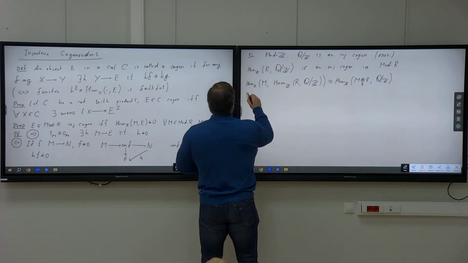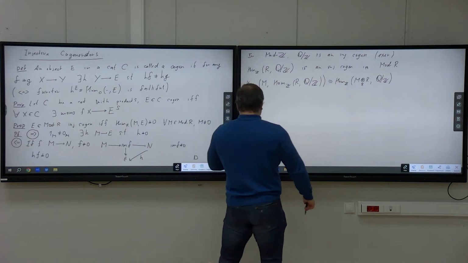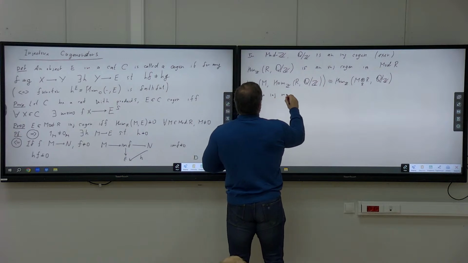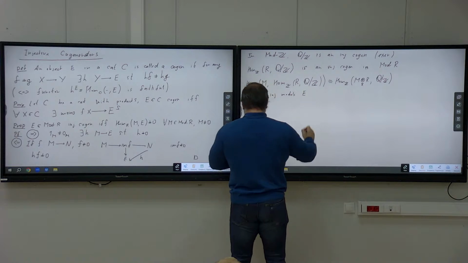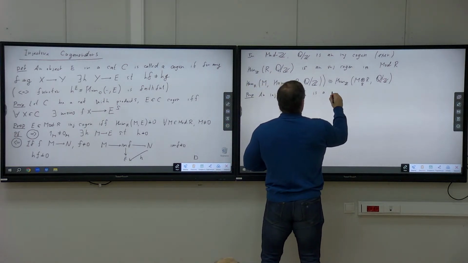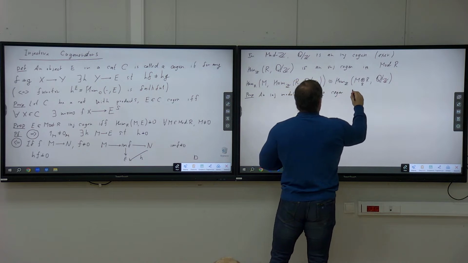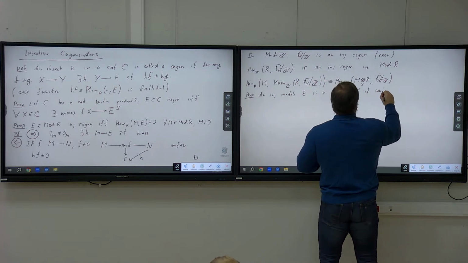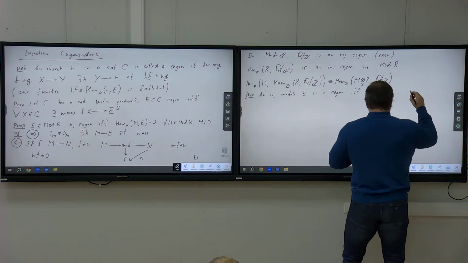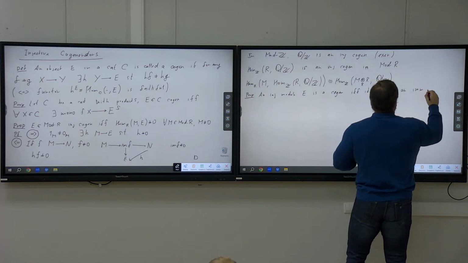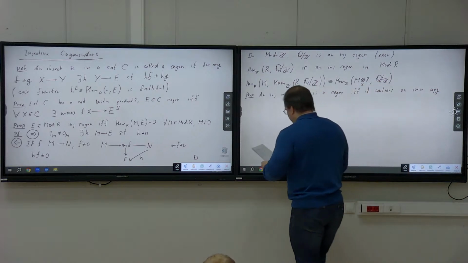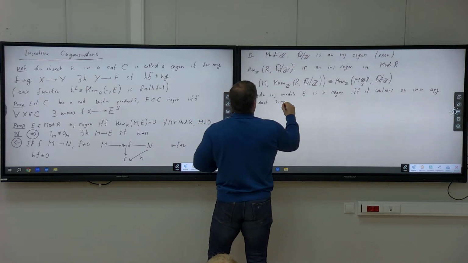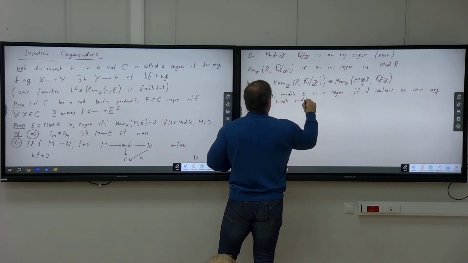Okay, one more proposition. An injective module E is a cogenerator if and only if it contains an isomorphic copy of each simple module.